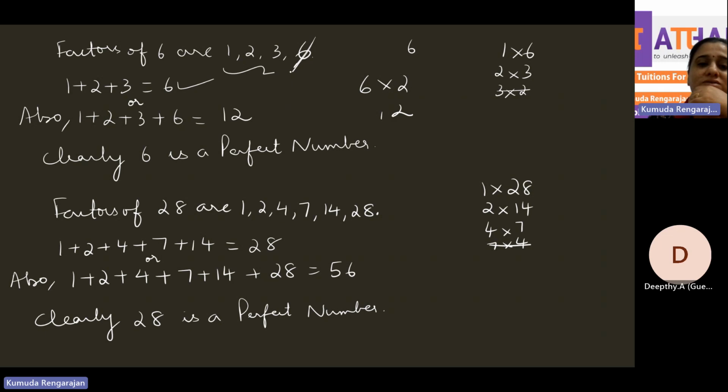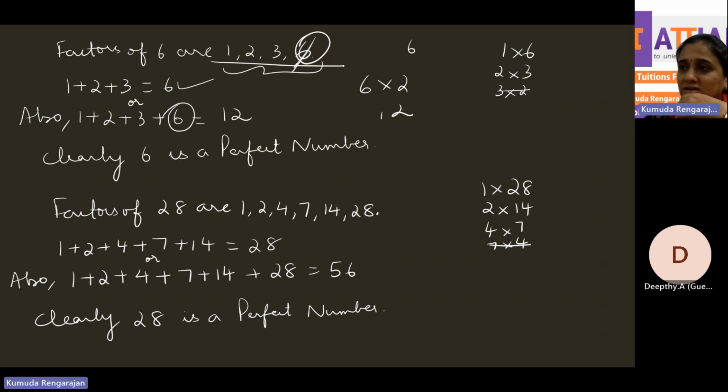I've added all the factors. You can ask me again, I'll tell you. In the first one, I've excluded the factor 6. In the second one, I've included the factor 6.